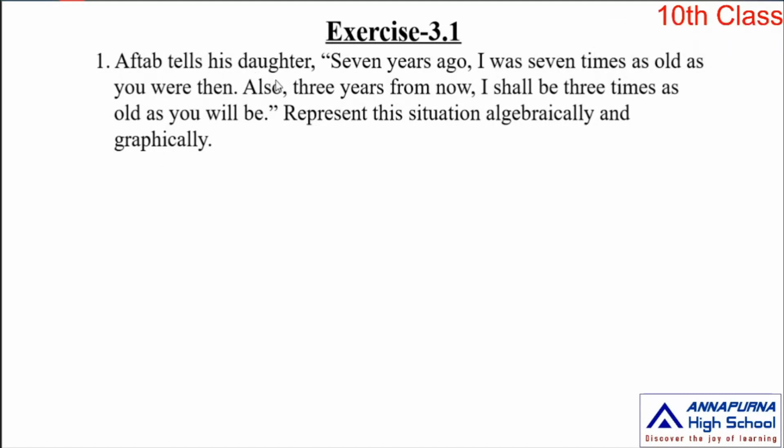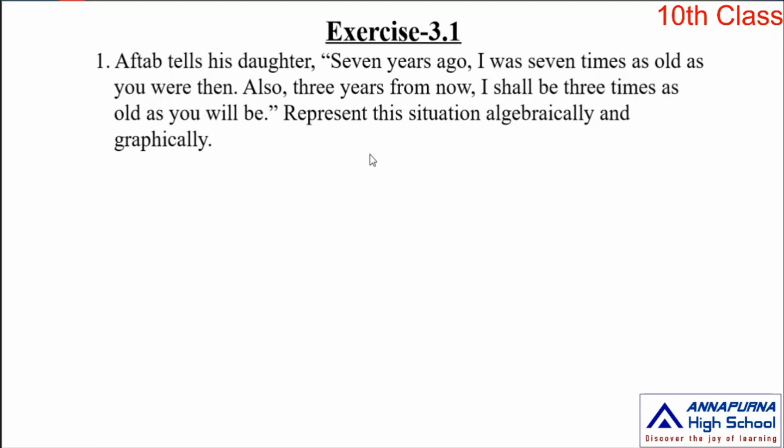Aftab tells his daughter, 7 years ago, I, means Aftab, was 7 times as old as you, you means his daughter. Also, 3 years from now, I shall be 3 times as old as you. Now, represent the situation algebraically and graphically.